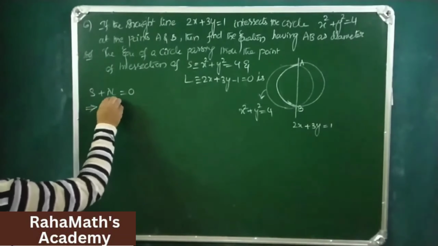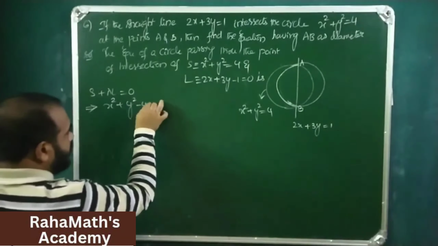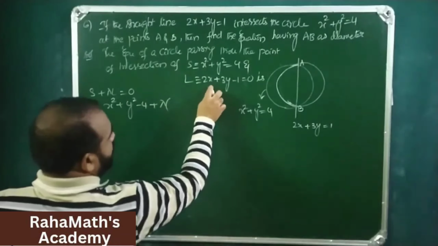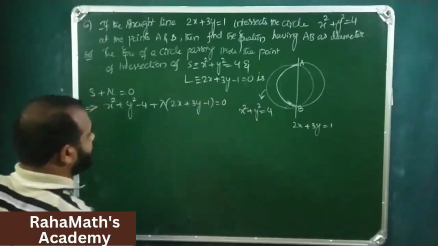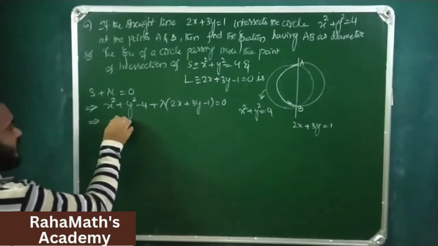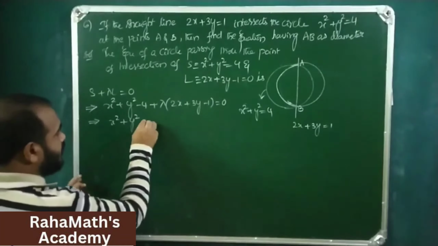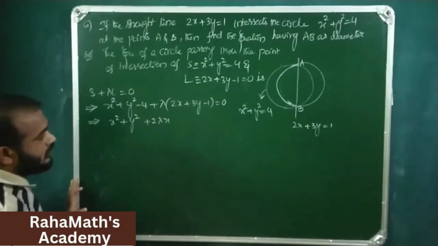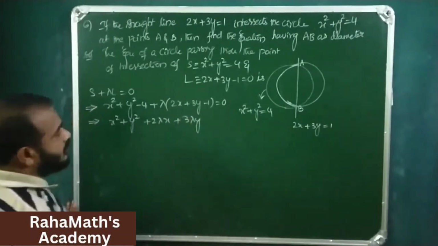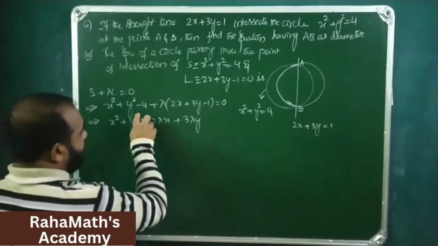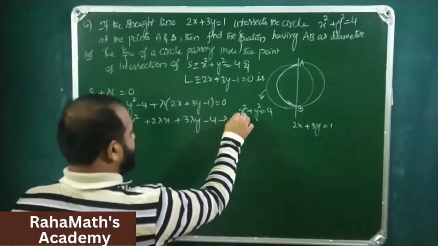So S is x square plus y square minus 4 plus lambda into 2x plus 3y minus 1 equals 0. That implies x square plus y square plus 2 lambda x plus 3 lambda y minus 4 minus lambda equals 0.